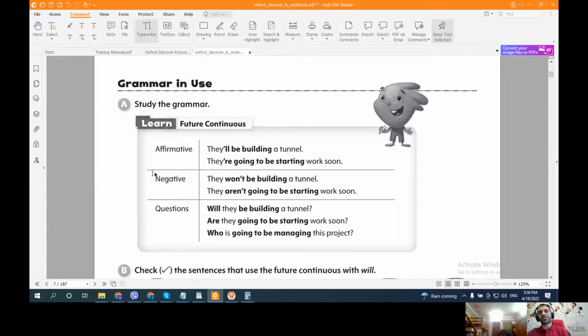Okay, now can you please try to make one positive sentence, one negative sentence, and one sentence like a question in the future continuous? Can you try to do that for me, please? Will they be building the skyscraper next week? Okay, so this is the question. Next one.